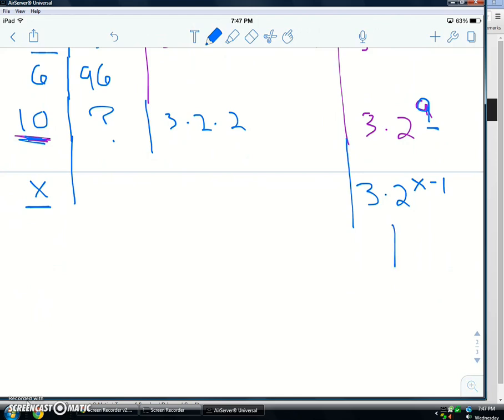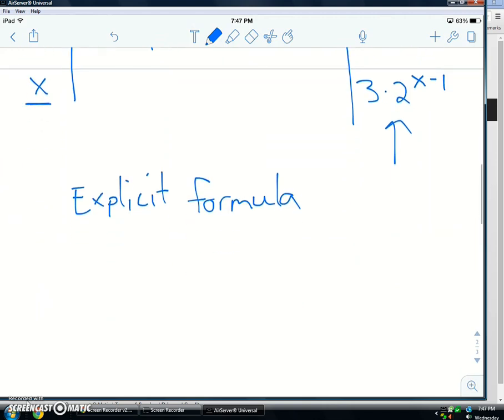So this thing right here is what we're going to call our explicit formula. Our explicit formula for this, we could write as a function, would be f of x equals 3 times 2 to the x minus 1 power.